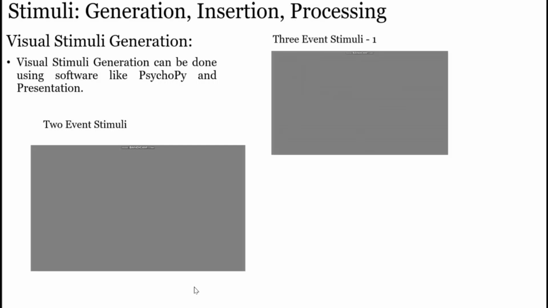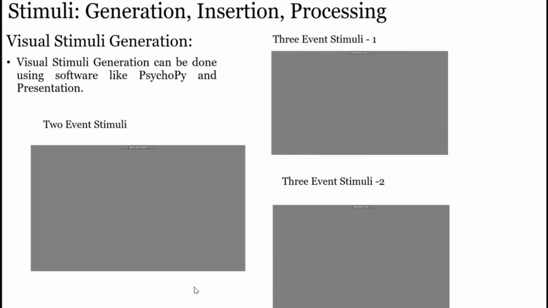In that three-event stimuli, the aim is to find out the subject's response towards the target, or towards the target with a distractor. So basically there are three events: one is standard, one is target, and one is distractor.